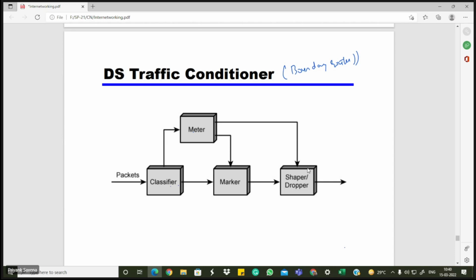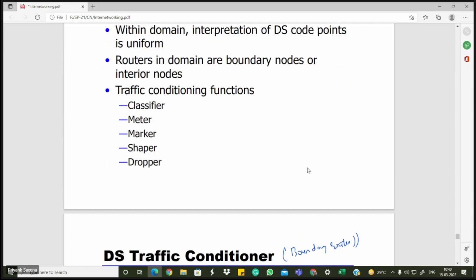The meter is used to measure the submitted traffic in conformance with the traffic profile as per the agreement. If it is already getting higher than that, then they mark it at lower priority, right?